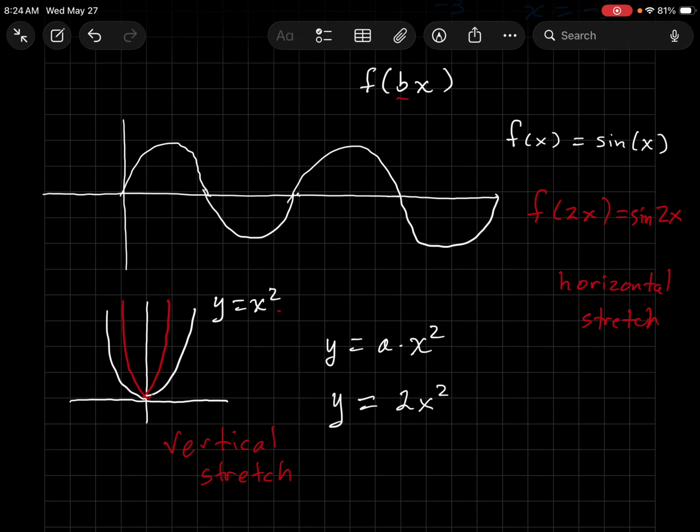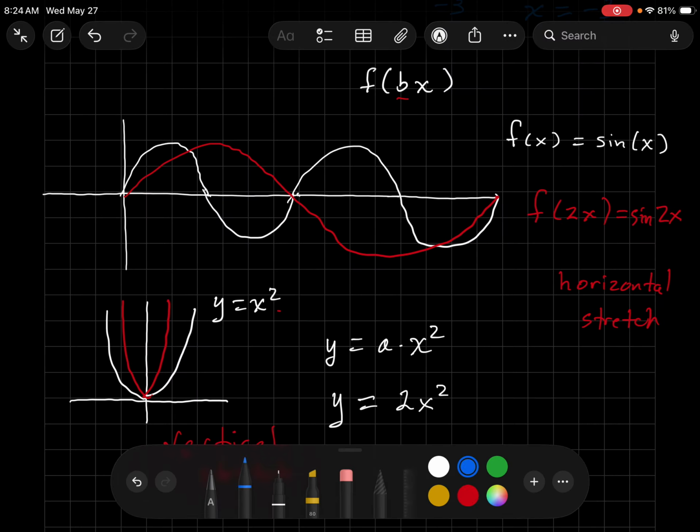What do you think f of 2x will look like? And you have two choices. Either it's going to look something like this, or it's going to look something like this.